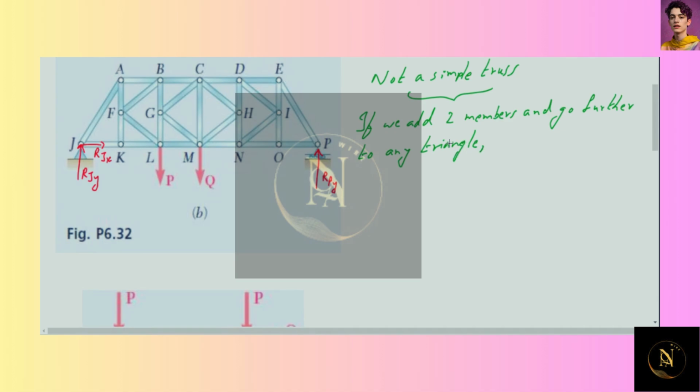if we add two members and go further to any triangle, we are not able to construct the truss. The truss cannot be constructed.